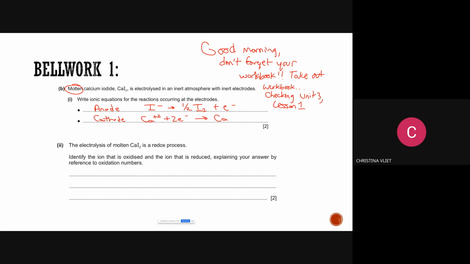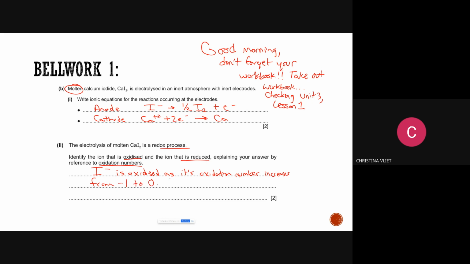In the next one, they ask for the same thing. They tell you this is redox. Identify what's oxidized and what's reduced and explain the oxidation number. So here you should have said that I minus is oxidized as its oxidation number increases. And you should point out that it's from -1 to 0.